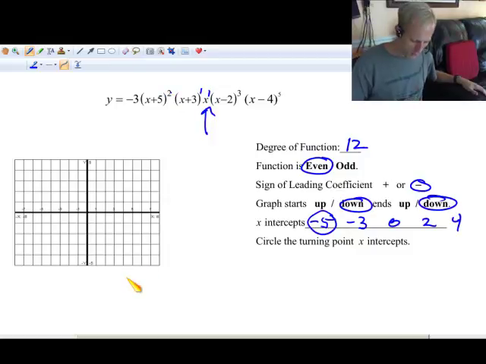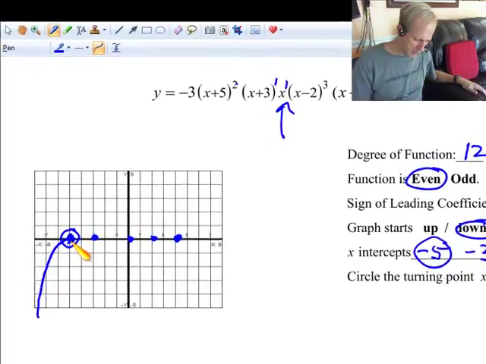Alright, so now I'm ready to graph my function. So the first thing I do is I graph the x-intercepts. Alright, and now I'm ready to draw the actual curve. So I'm starting in the down position, so I go up to the first x-intercept.